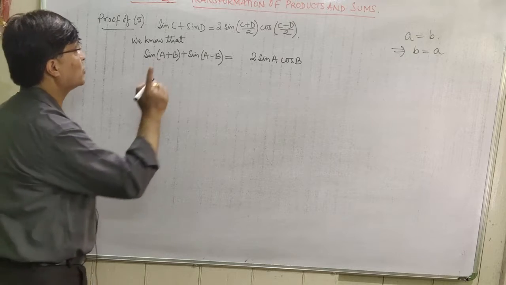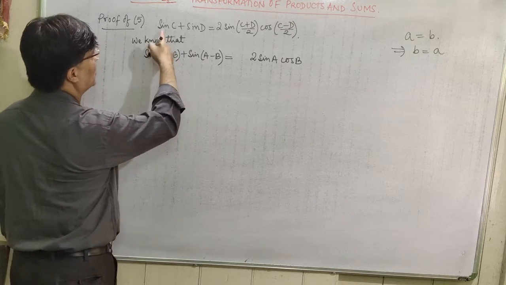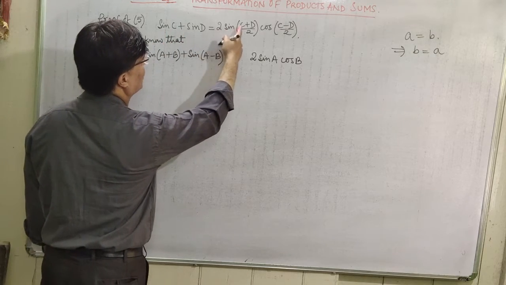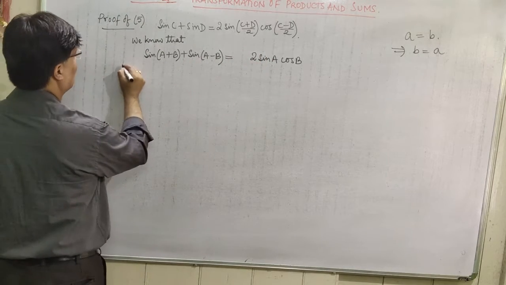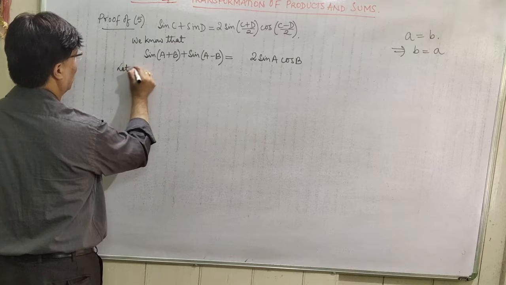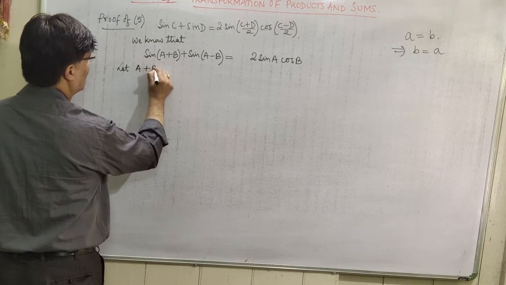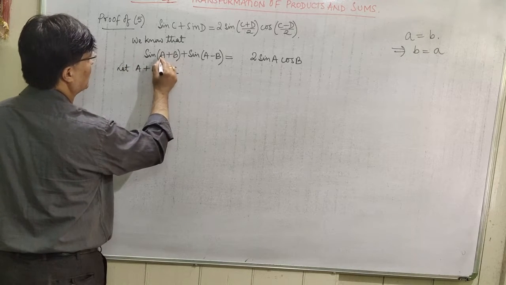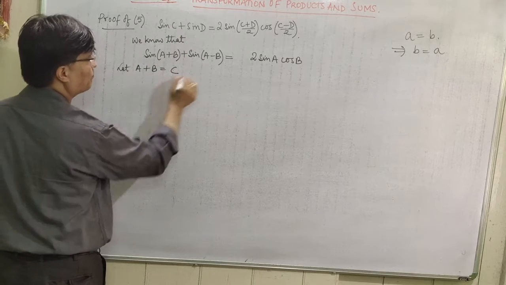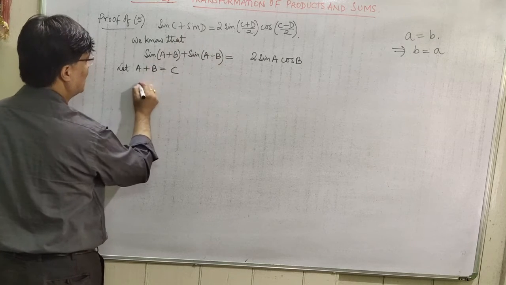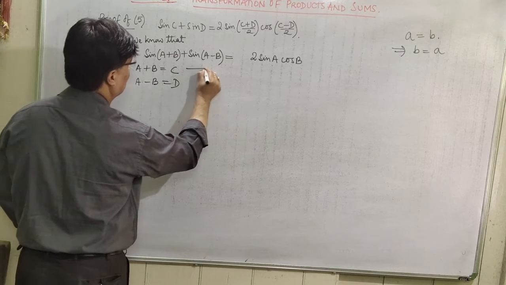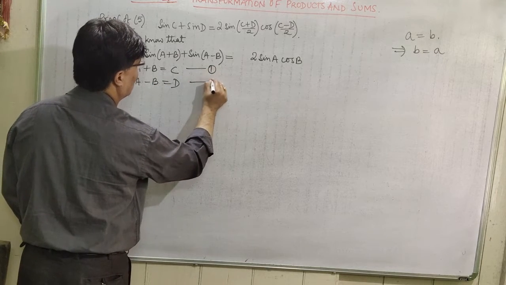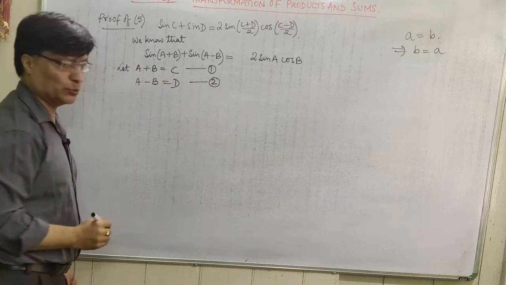Okay. So now we will prove sin C plus sin D is equal to 2 sin of (C plus D) by 2 cos of (C minus D) by 2 from this formula. Okay. So let us assume, let A plus B is equal to C, and A minus B is equal to D. Let us mark it as number 1 and let us mark it as number 2.